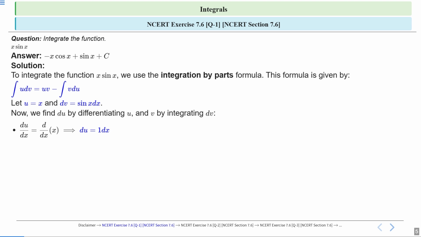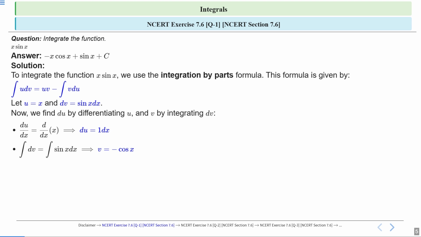So du is equal to 1 into dx. Now to find v, we integrate dv, and dv is sin x dx. So v is equal to minus cos x, because the integration of sin x is minus cos x.